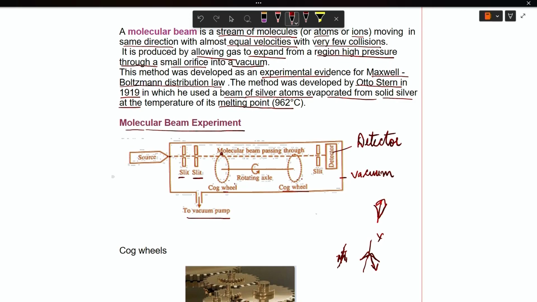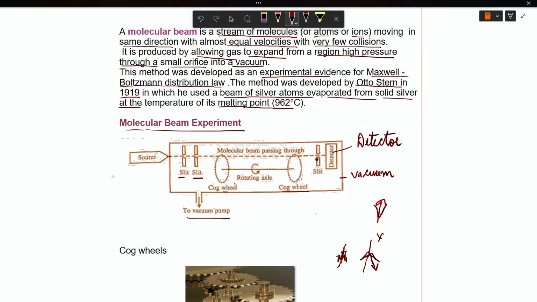Okay, so I will make it clear. Only those molecular beams which have a velocity such that they pass through the first cog wheel and reach the next cog wheel just when there is a depression in that cog wheel can pass out.